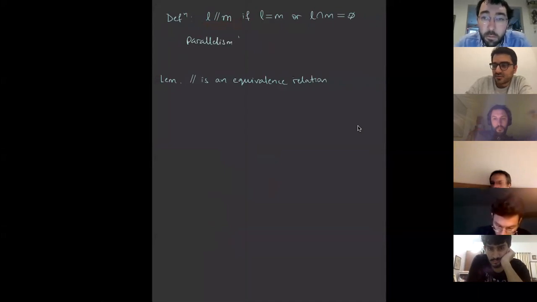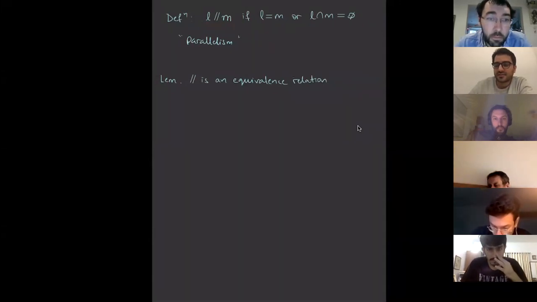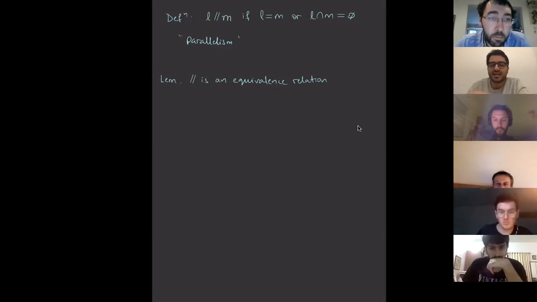You can define this notion of parallelism where it's a relation between two lines whenever they are either equal or disjoint from each other. So they don't have a common point incident to each other. And from the axioms, you can show that this thing is an equivalence relation. So it actually partitions all the lines of your affine plane. And this is an abstract affine plane. We are not just looking at the AG(2, F), but anything.